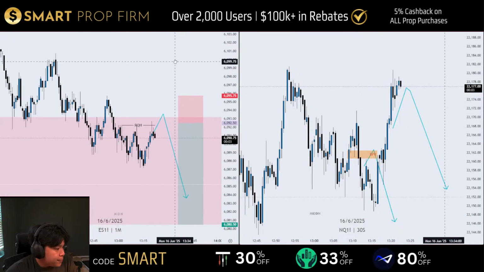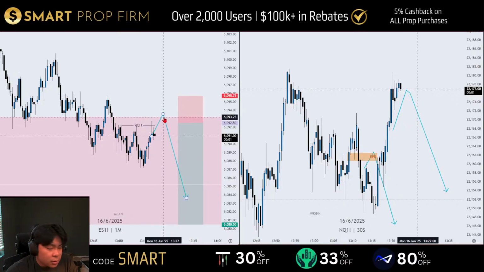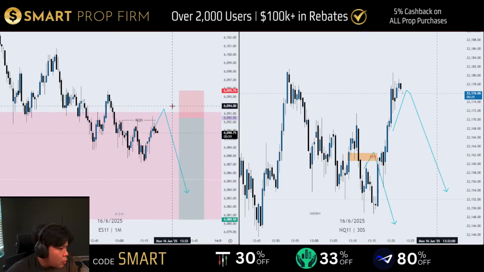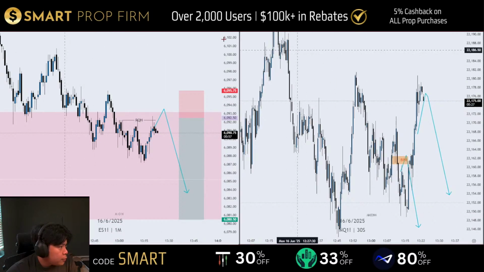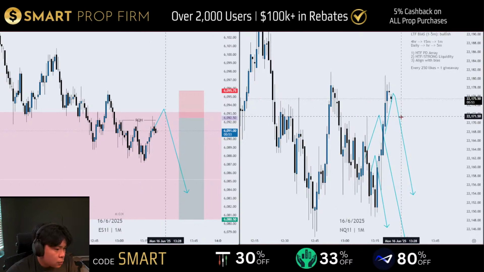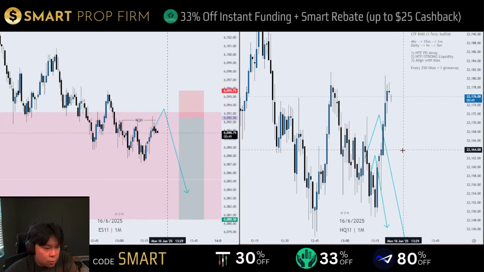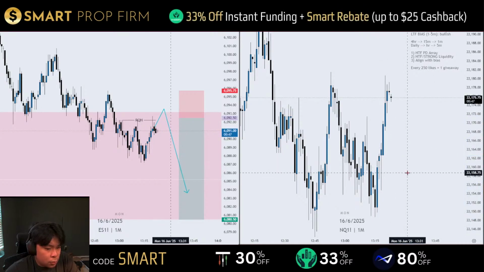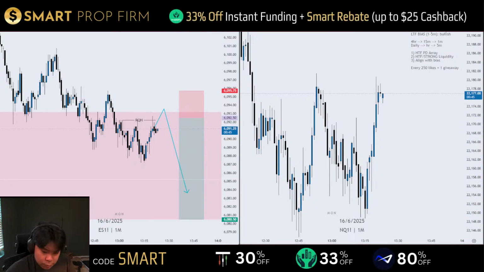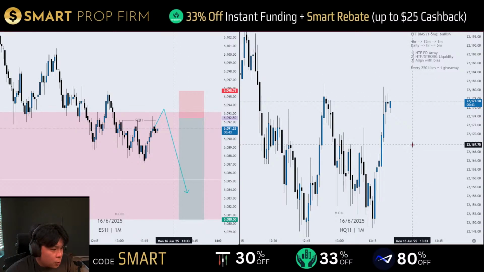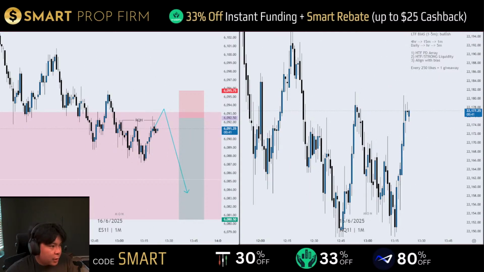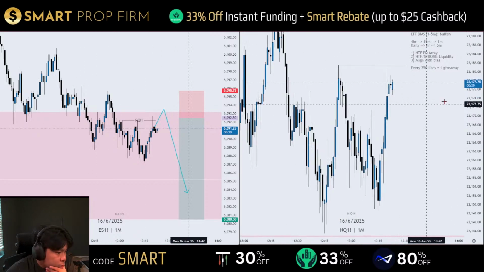Still here. I think ES is looking to turn already. Gotta see if it spikes these highs first.